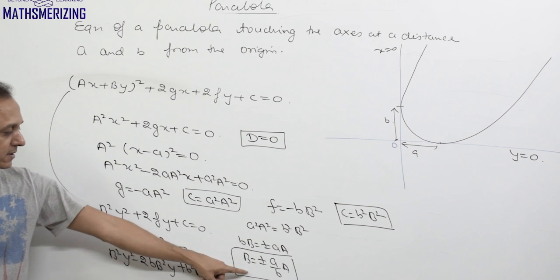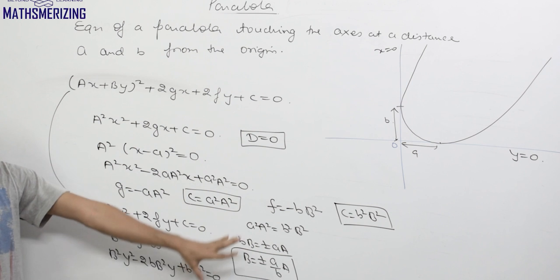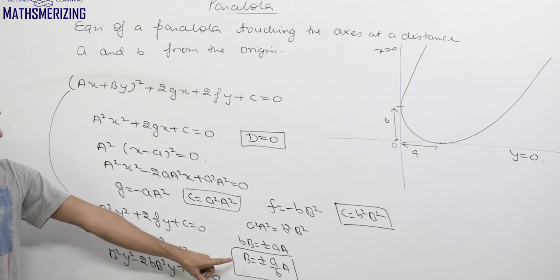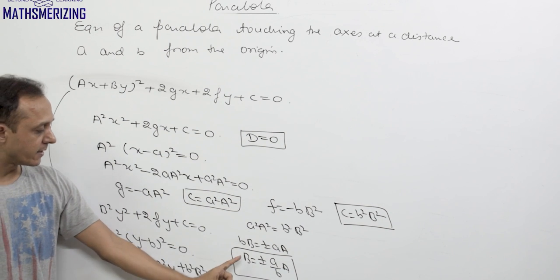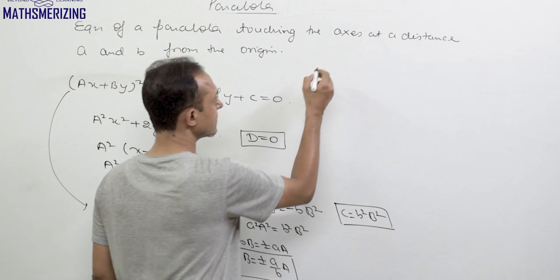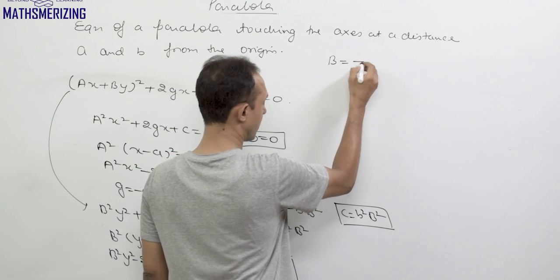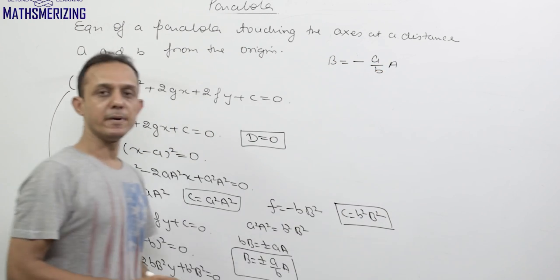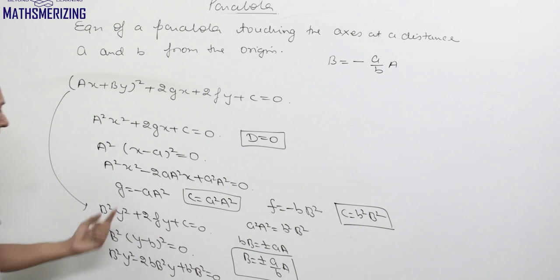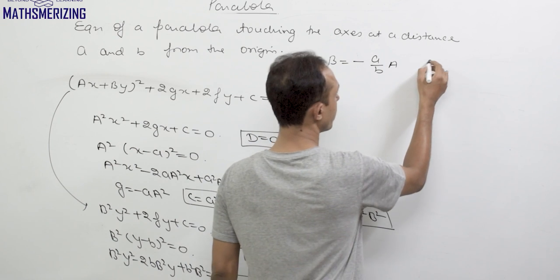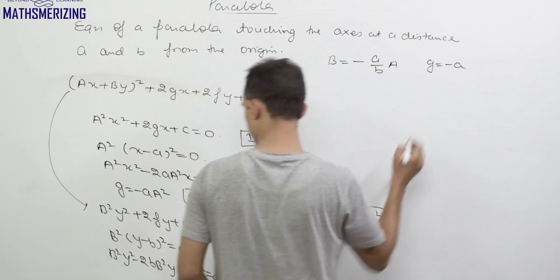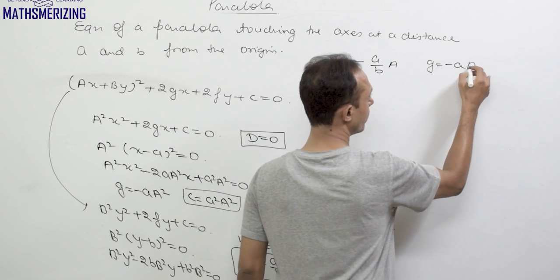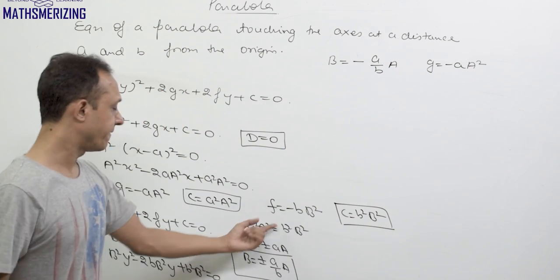So if we take this plus sign, then this equation will represent a pair of straight lines. So we won't consider that case. We just need to find the equation of the parabola. So I'll take this minus sign. So I'll write b as minus a upon b into a. Now in the same way, I can write this g as minus a into a square.